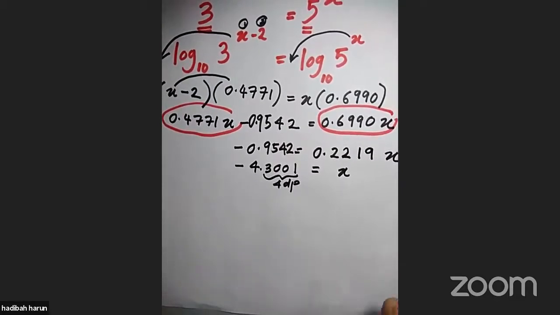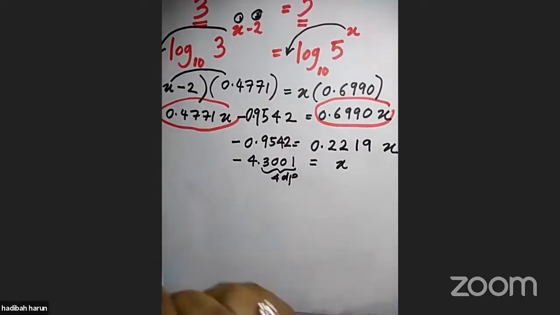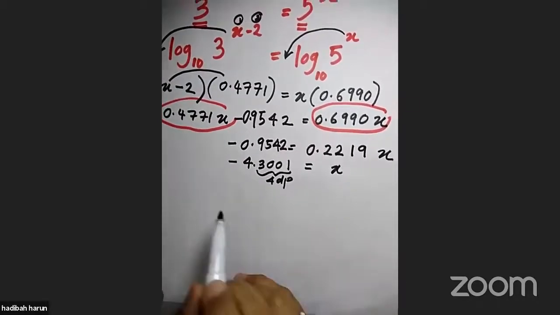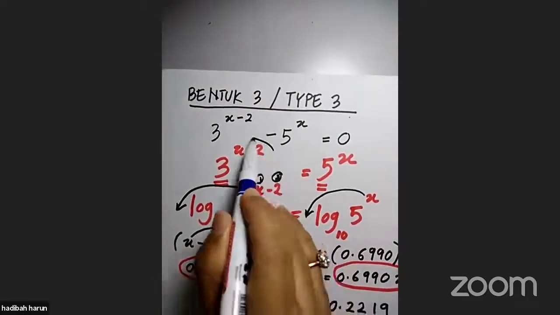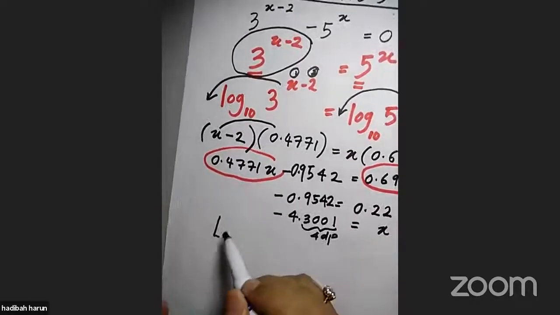Okay, if you are not sure of your answer, maybe you have counted it wrongly or pressed your calculator wrongly. So what you should do is, you have your left term. The first method is manually.